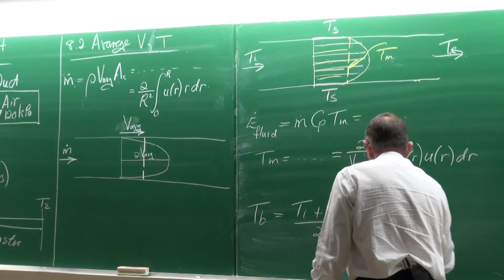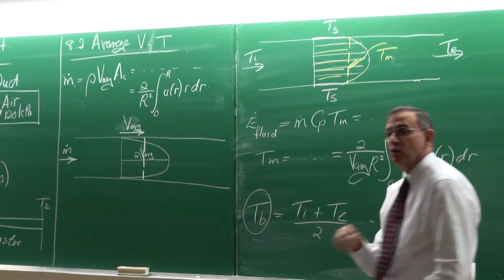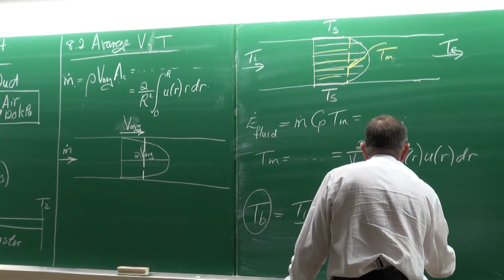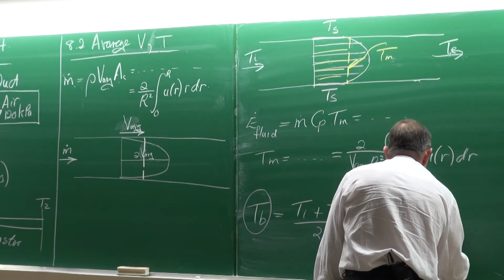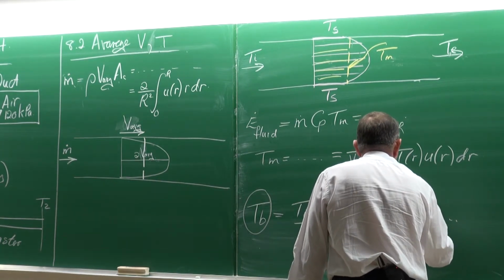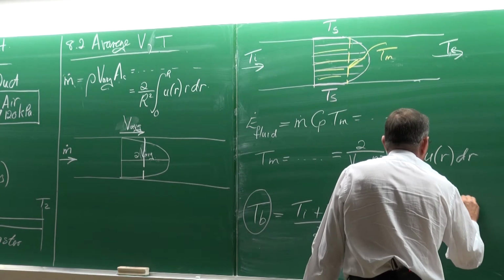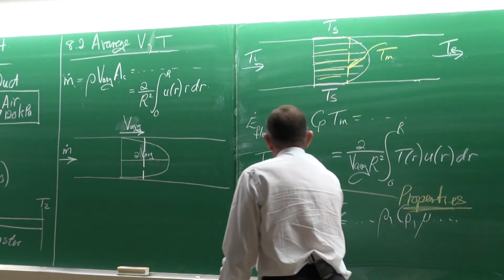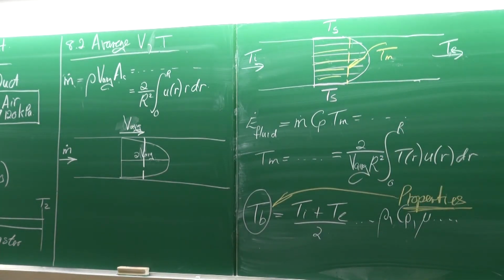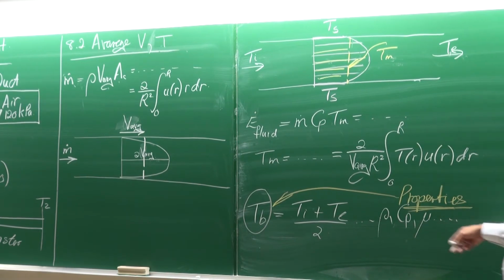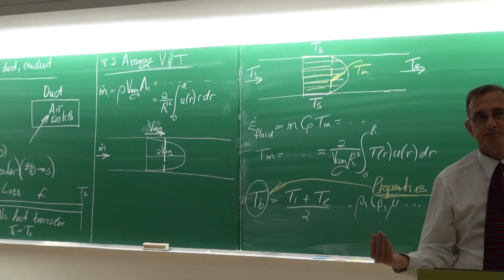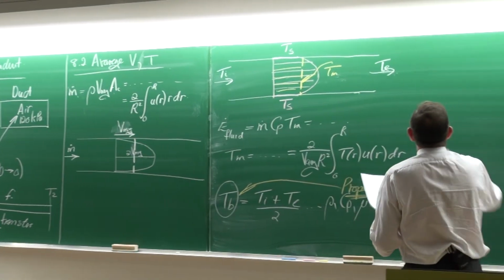And normally we use this bulk temperature to get the properties of the fluid: the rho, the Cp, the viscosity, everything, all the properties. Normally the nomenclature is such that properties should be determined from the bulk temperature, not the mean temperature. Why? Because in heat transfer, this mean temperature is changing because there's heat transfer. So that is what's different.